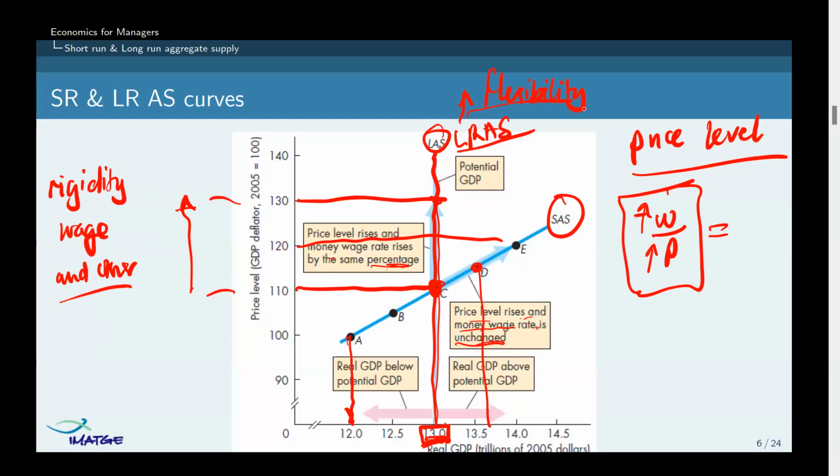Okay, so the only way to look at short run and long run is to look at how difficult it is for companies to adjust wages, or for labor unions to push for an increase in wages. In the short run, it's very difficult because there will be signed contracts.